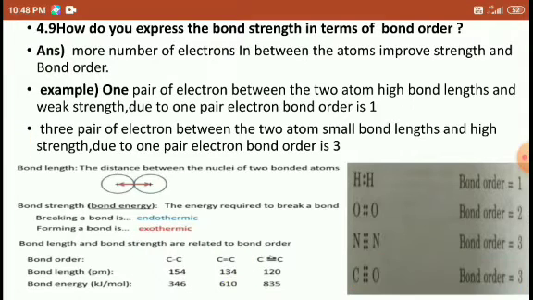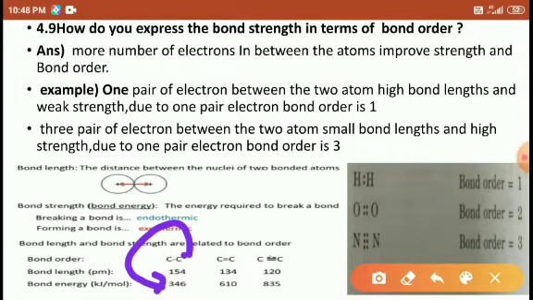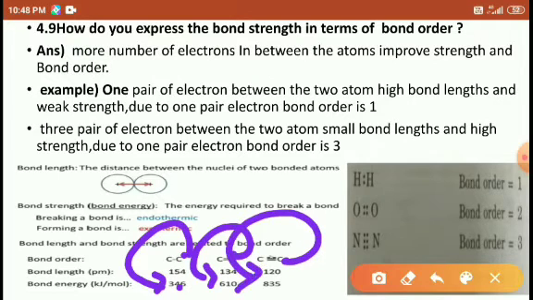And look at here, dissociation of the single bond requires only less energy. Dissociation of the double bond requires higher energy than the carbon-carbon single bond, and dissociation of the triple bond requires higher energy than the carbon-carbon double bond.